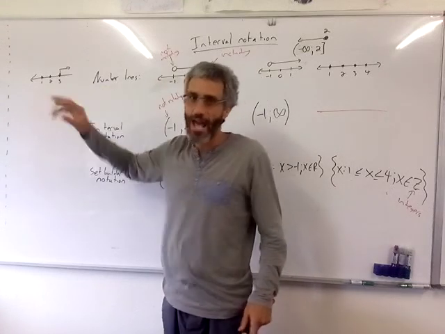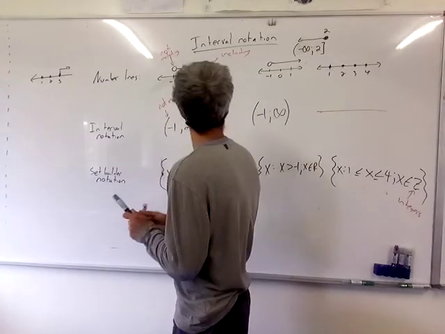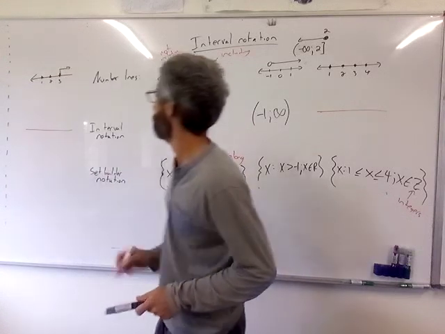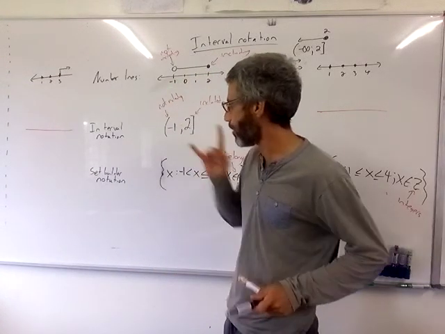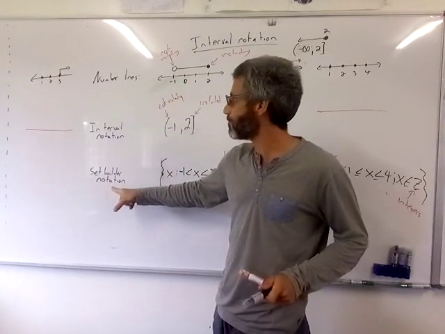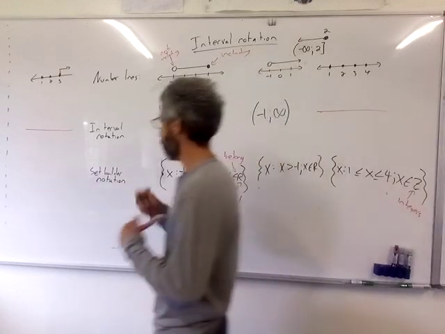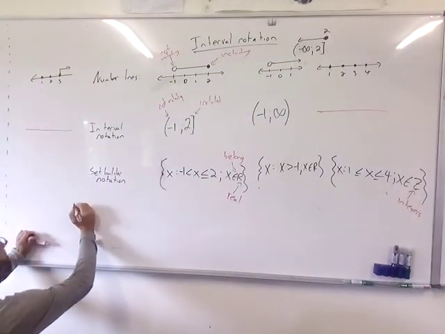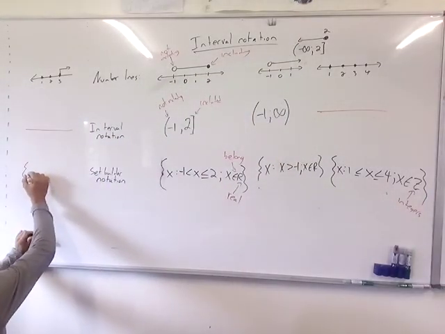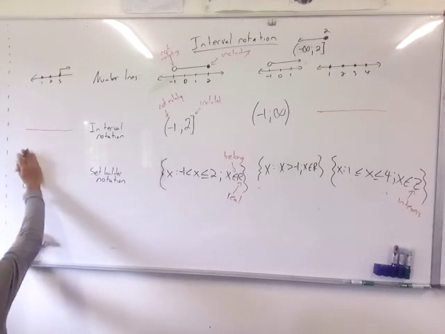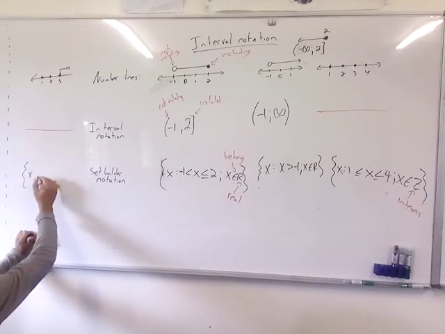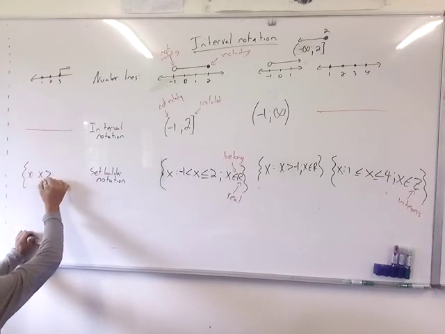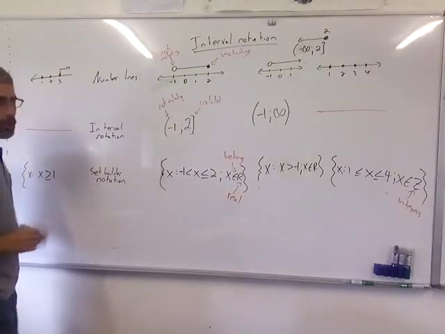Again, because I only have integers, I cannot use interval notation. There's no interval notation, but I can write down a set builder notation. I'm going to have all the x's. So x is larger or equal to 1, because it's also including 1.